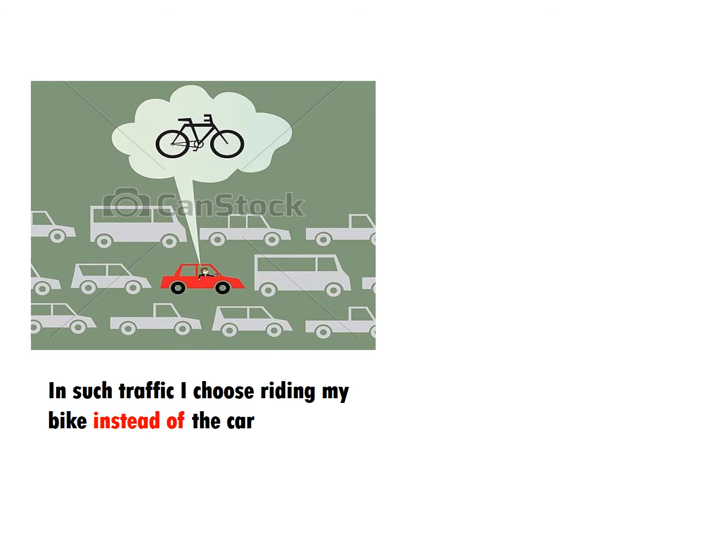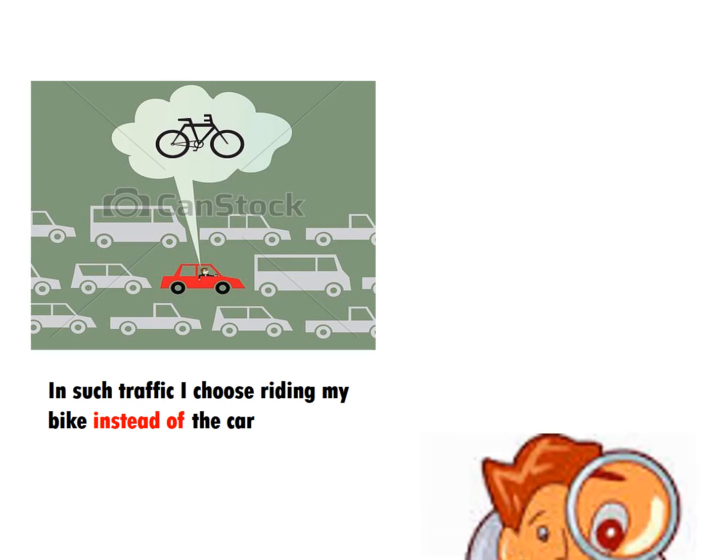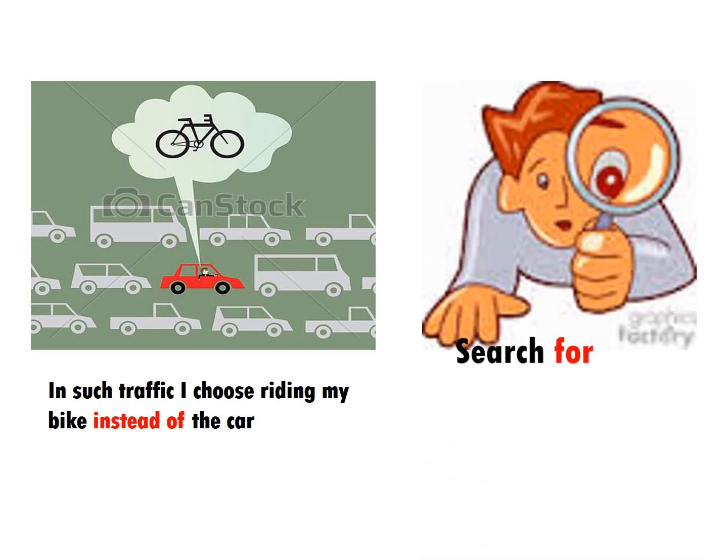We have also instead of. In such traffic, I choose riding my bike instead of the car. Instead is followed by the preposition of. We also have the preposition for, search for. Remember in the article that we just read? Scientists keep searching for signs of life on other planets.